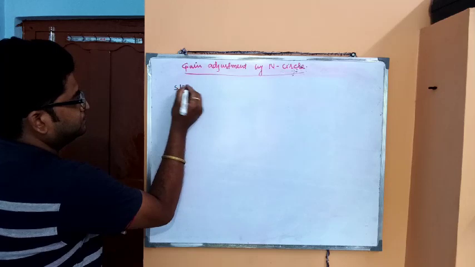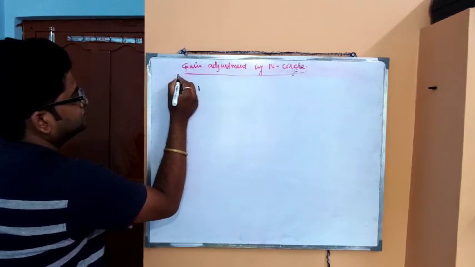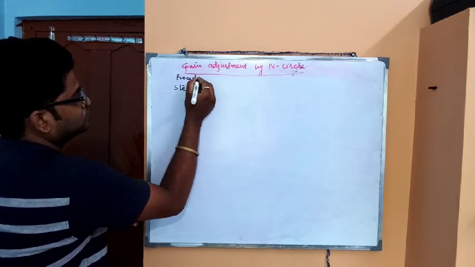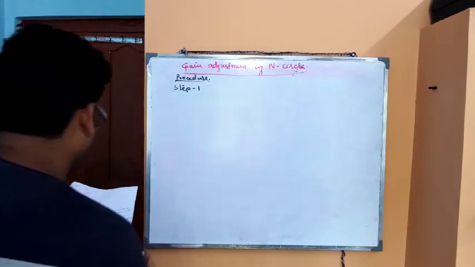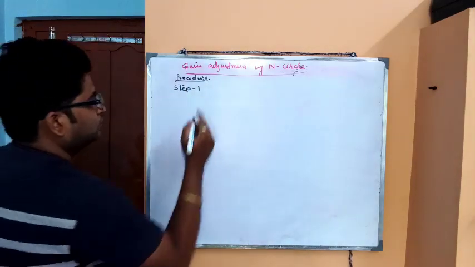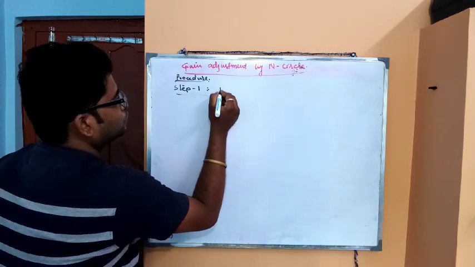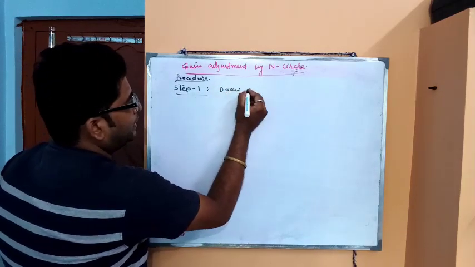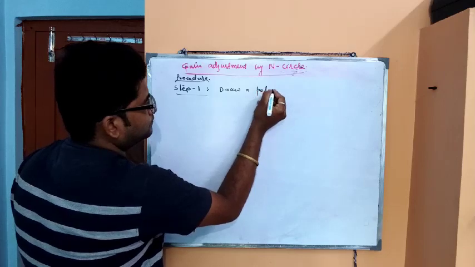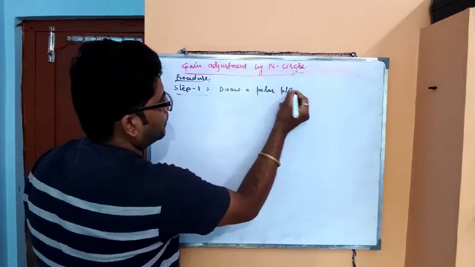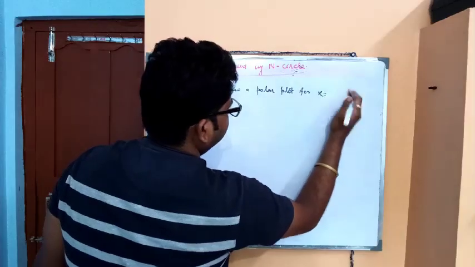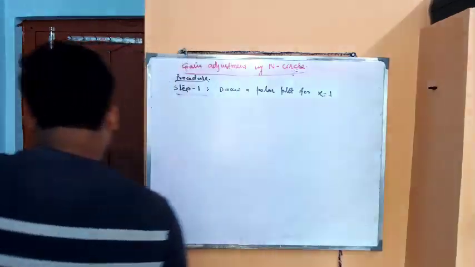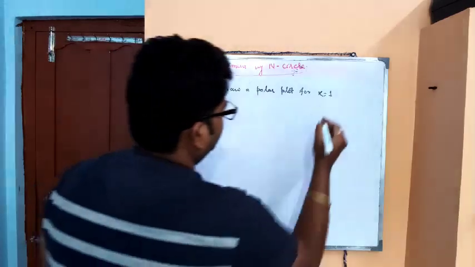Step 1: draw a polar plot for K equal to 1, or any assumed value.